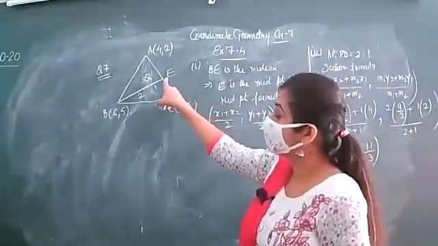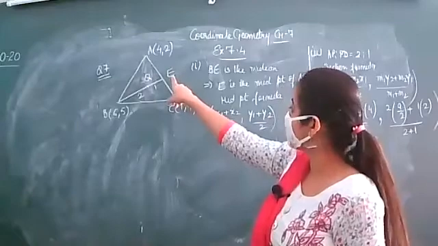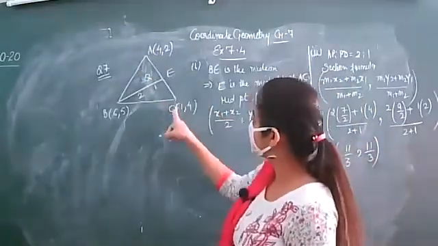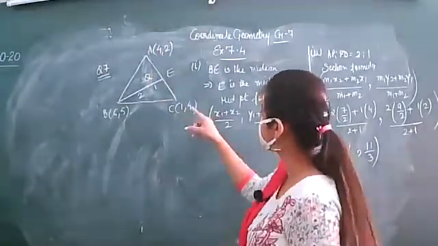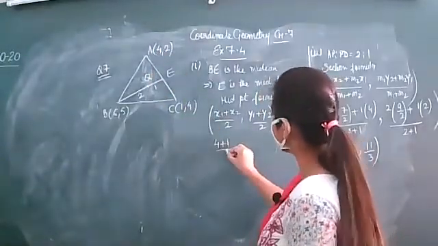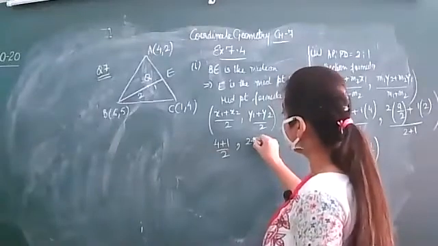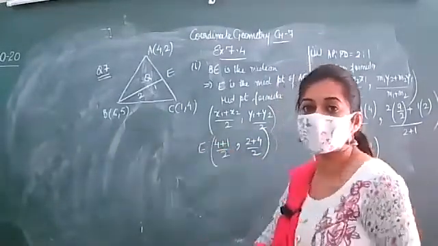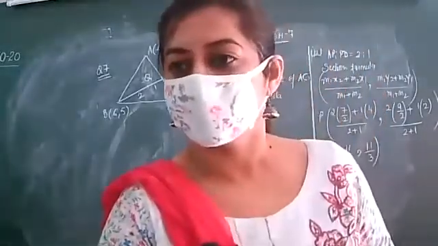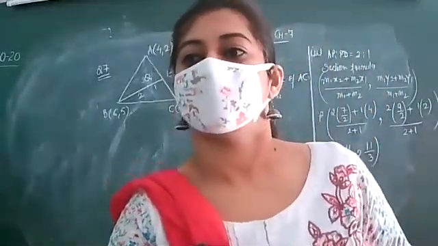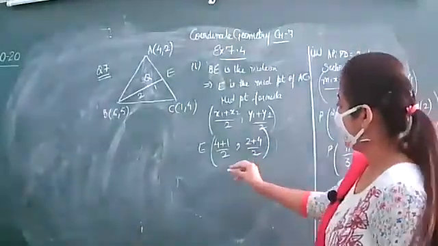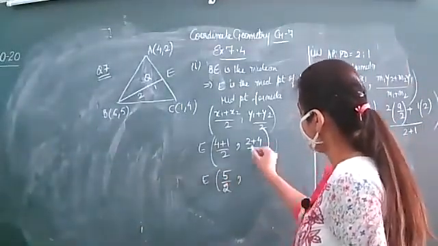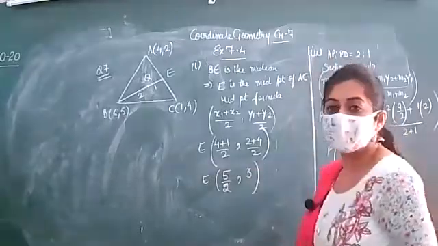Now by the midpoint formula, let's find the coordinate of this point E. You will get that by adding these two points: (4 plus 1) by 2 and (2 plus 4) by 2. This will give you the coordinate of E, which is 5 by 2 and 3.